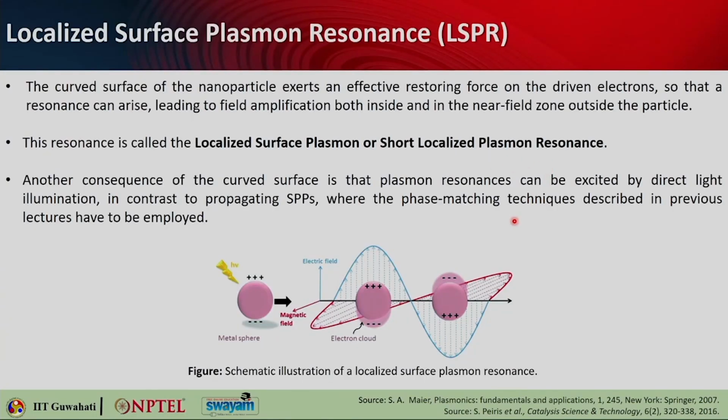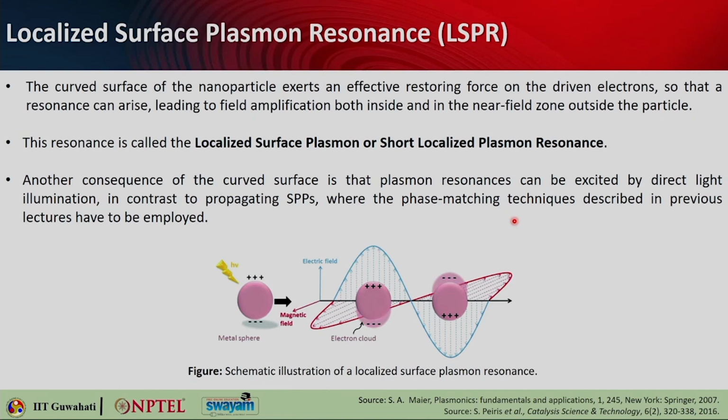So when the natural frequency of oscillation of the electrons matches the frequency of the incident field, there is a resonance. That means those metallic nanoparticles are able to strongly absorb or scatter light, much larger than their geometrical cross section, and that is the phenomenon of resonance, and we call that resonance localized surface plasmon resonance, or you can say plasmon resonance. Here, what is good as compared to the case of SPPs is that you do not need to worry about the phase matching condition.